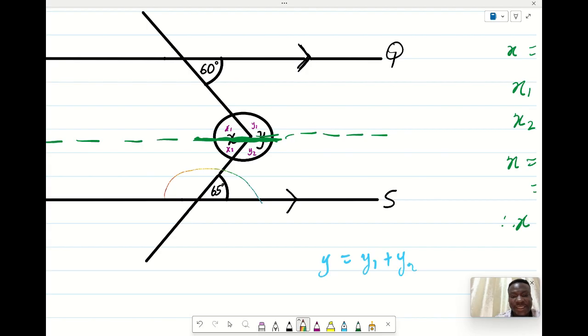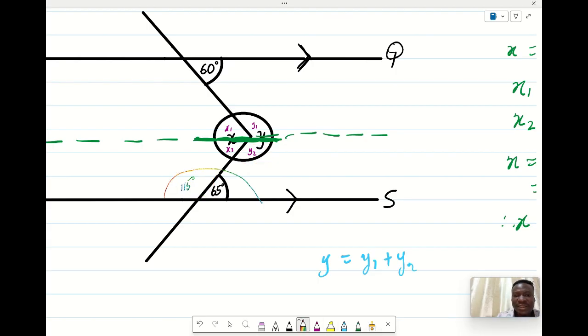So 180 minus 65 is 115. You see that this 115 degrees is vertically opposite to Y2.